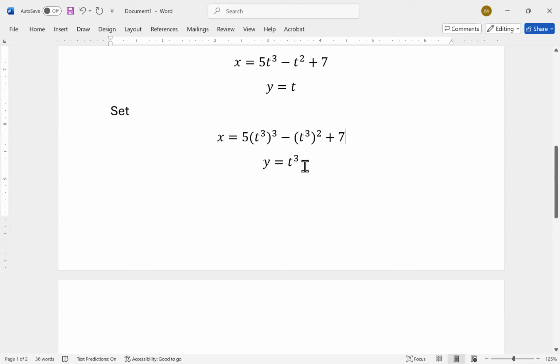And my domain would still be all real numbers for my y value. My y could attain all real numbers. If you did that, t to the third power is t to the ninth. T to the third to the second power is t to the sixth.